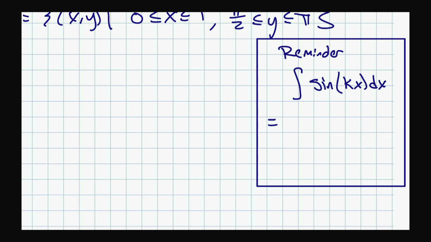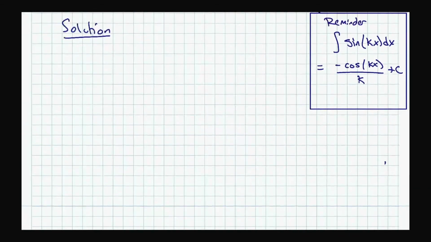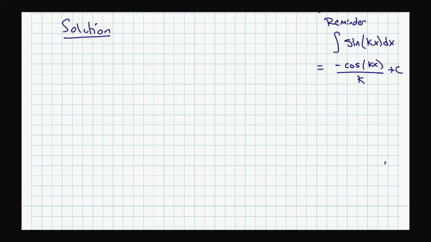What you should do is say, well, the antiderivative of the sine function is the negative cosine function. And then ask, what does the k do? You end up dividing by k. Don't do substitution, right? Substitution is not how you want to do these.